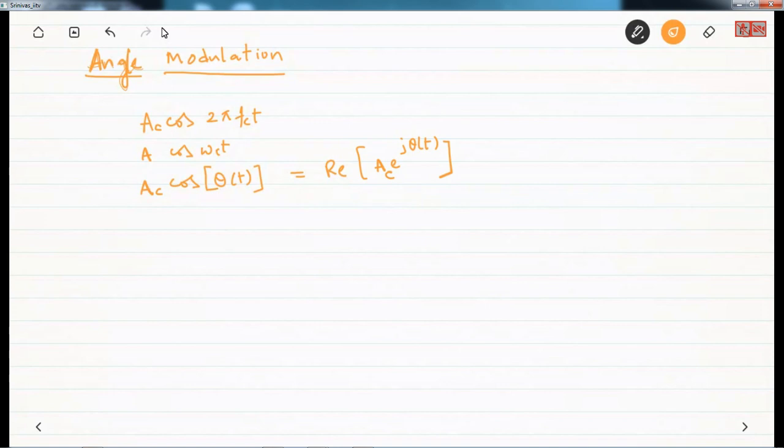So that's what we are going to study. And you know here WC is called the angular velocity. So AC is a phasor with length AC, and it keeps rotating.